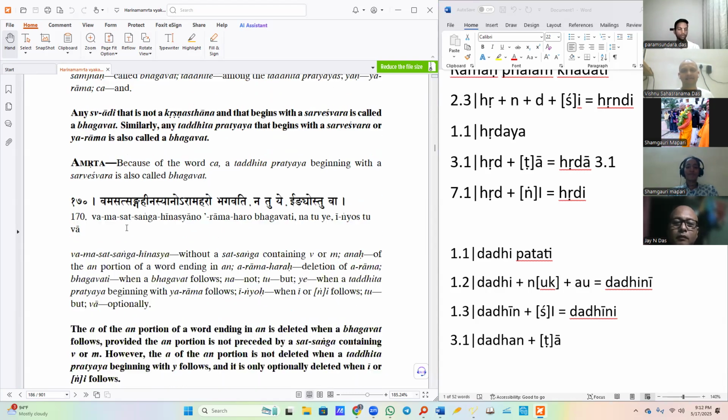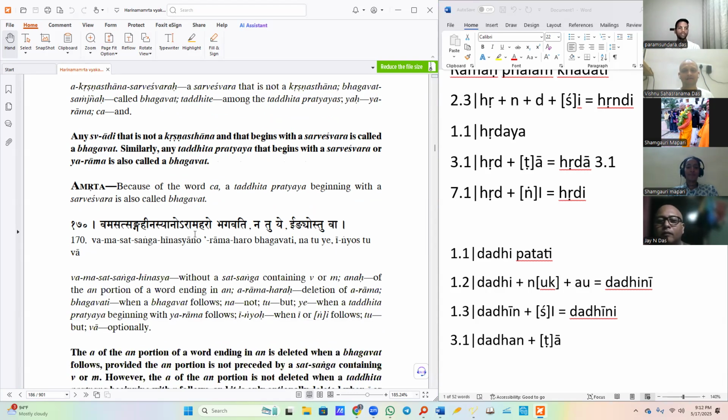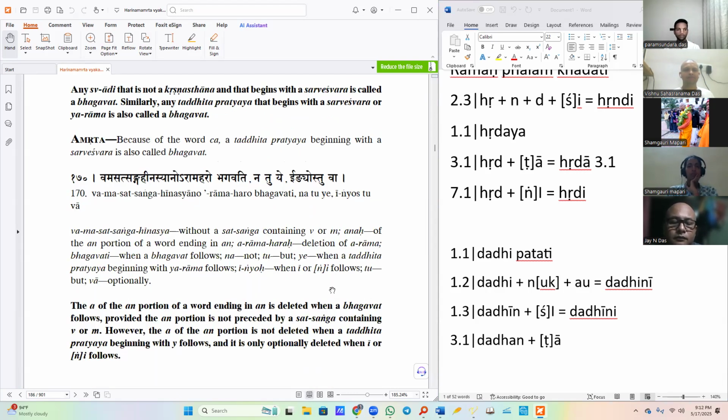Now this is also an important sutra. Va ma satsanga hinasyano rama haru bhagavati natu ye inyastuva. The sutra simply says the a of the un portion of a word, like dadhan ends with un, right?